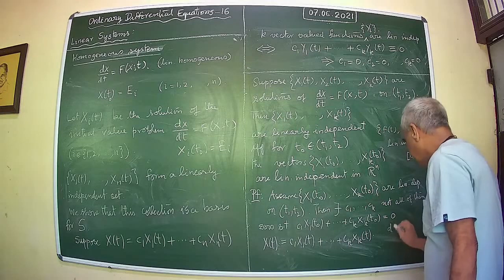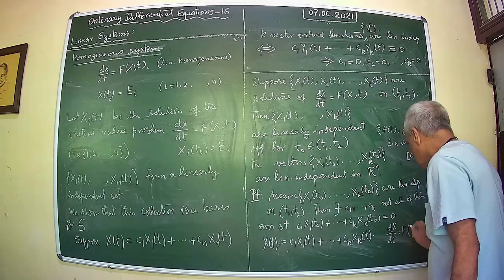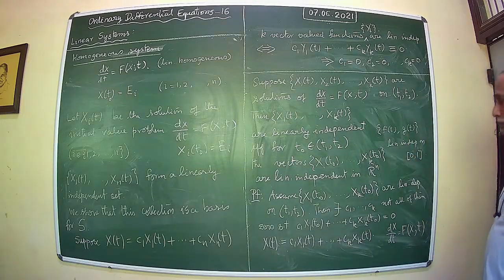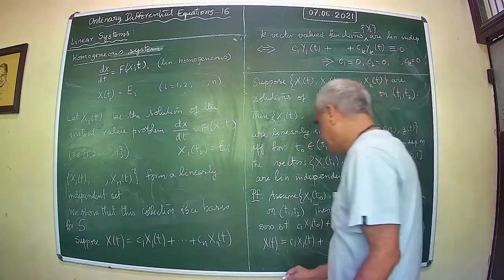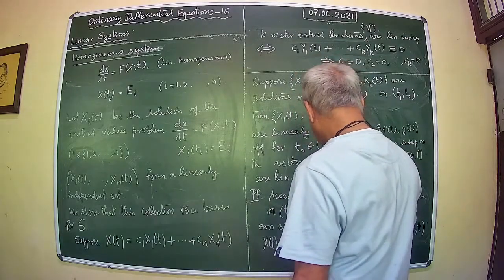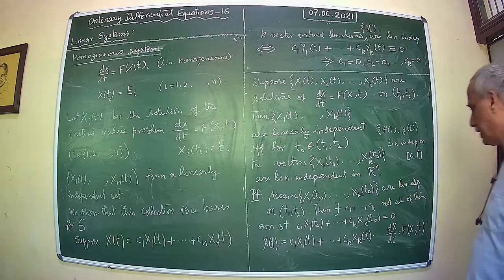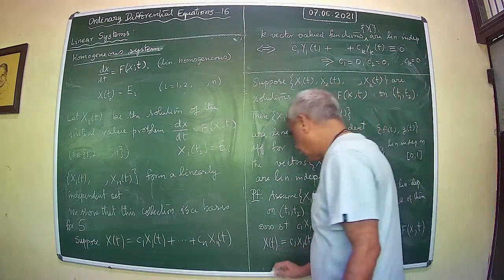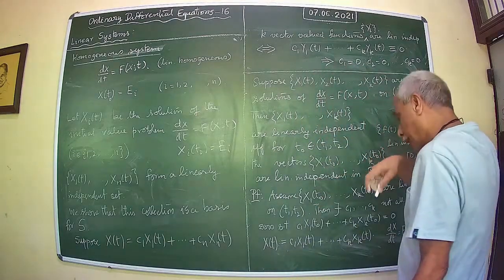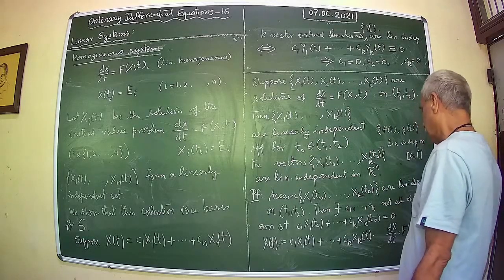So we have dx by dt equal to f of x(t), because you see that dx by dt equals c1 dx1 by dt plus etc. plus ck dxk by dt. And what more do you have? You have x(t0) equal to 0. What can you say about this solution? Is it identically equal to 0?